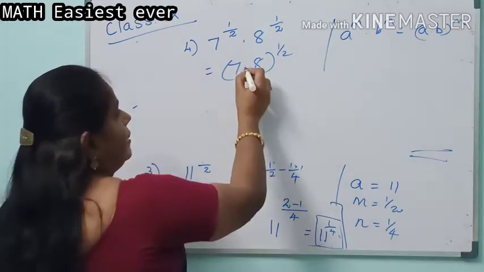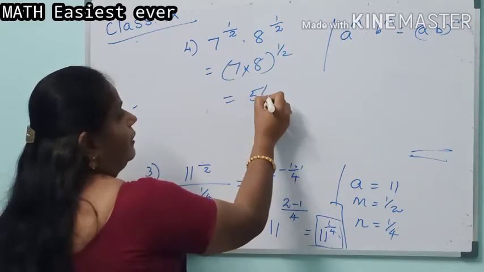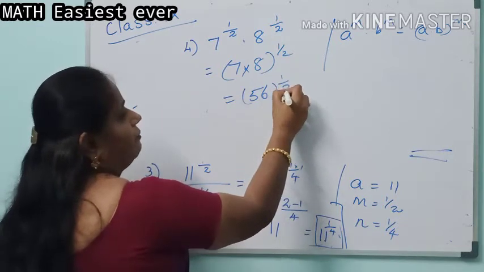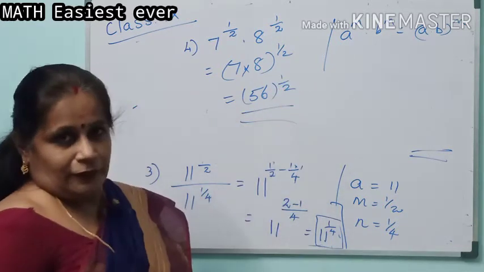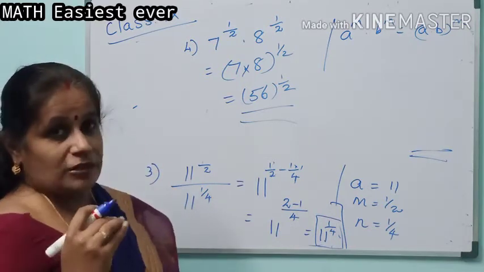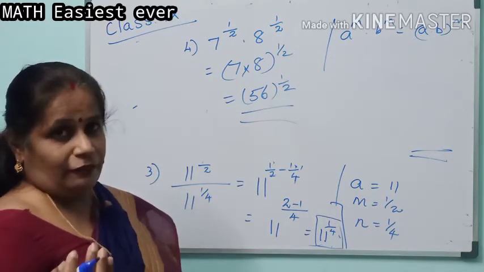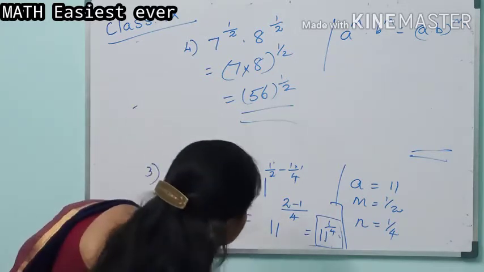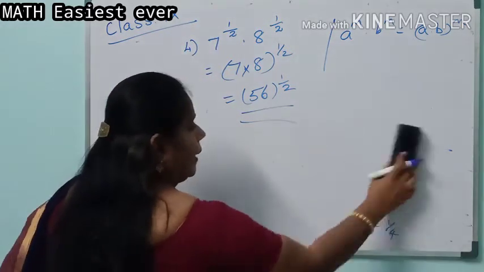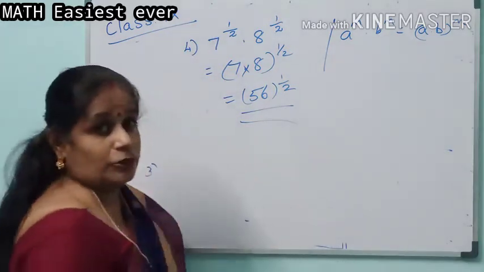So what is 7 into 8? 7 8s are 56, whole raised to half. That is your answer. Okay, hope this portion using the laws of exponents is clear for you. You can practice more questions, use any of the numbers and practice more and more to get this portion clear.